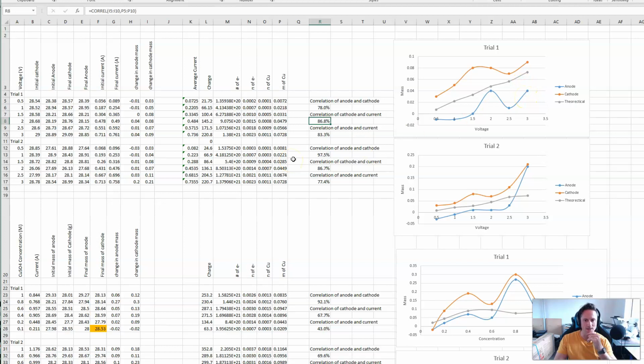Now, if I was analyzing this, I would be saying the fact that these don't match up means that, even if you look at the cathode, the difference in mass is always greater than theoretical. To me, that means maybe our drying process was not as effective as it could have been.